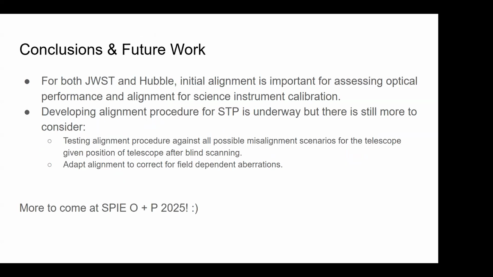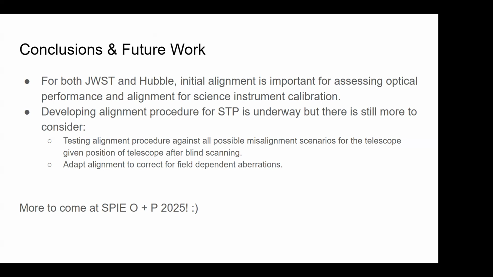And just conclusions and future work. For James Webb and Hubble, it was imperative that these alignment methods were tested and validated. It just shows how powerful this alignment is for assessing the optical performance of the telescope and making sure that the telescope is properly aligned for scientific instrument calibration.